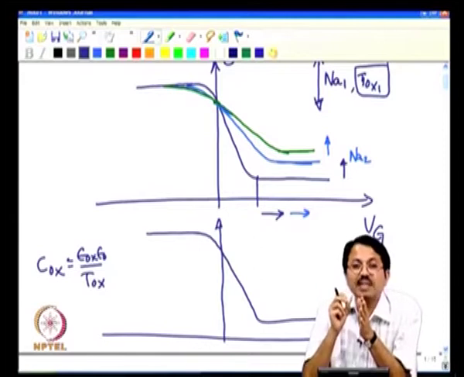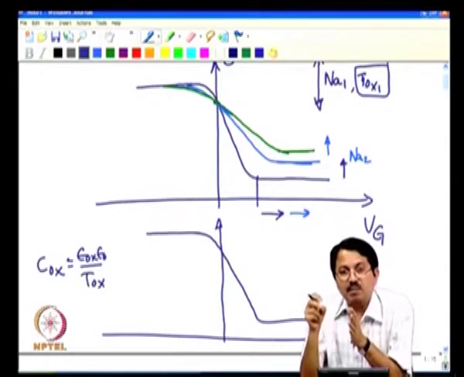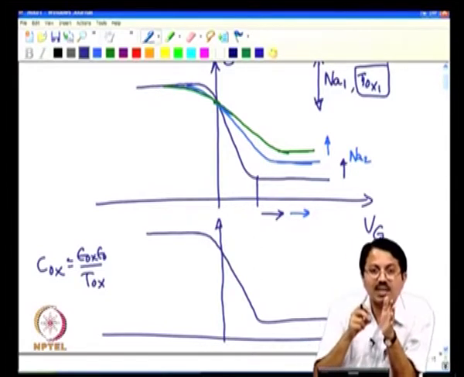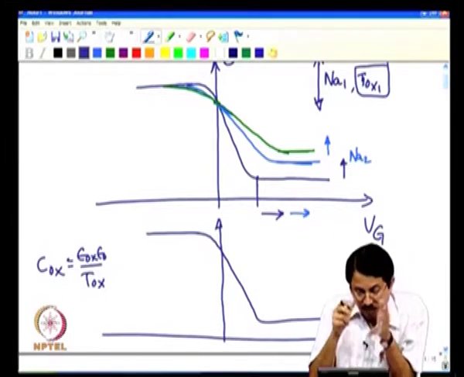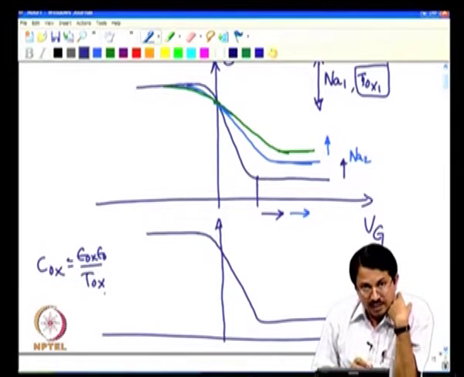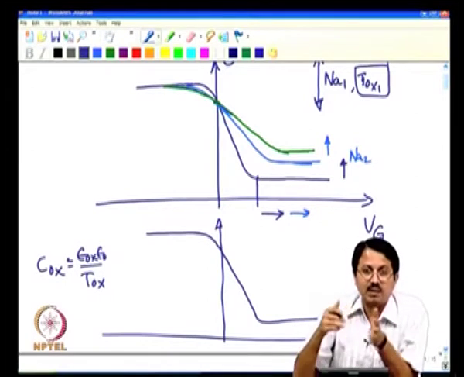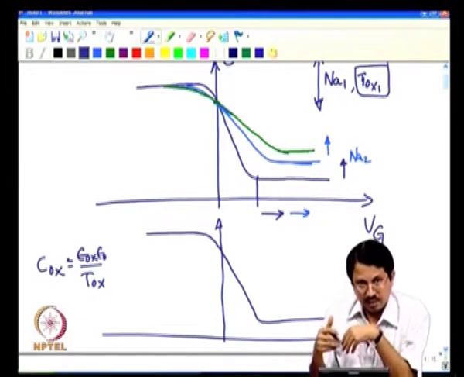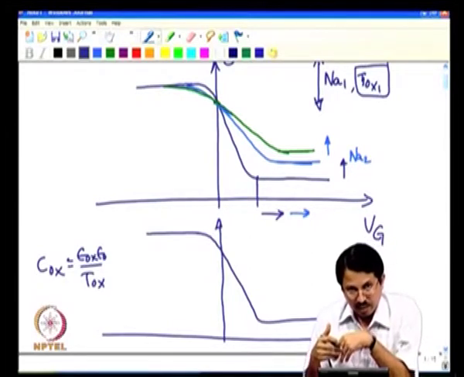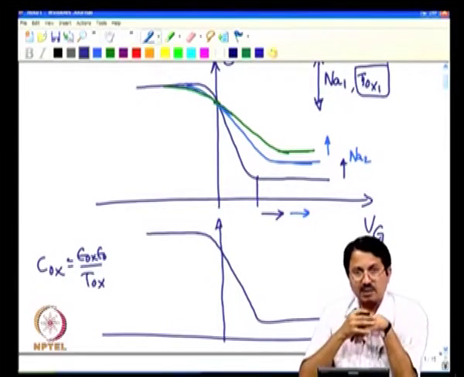But what we measure externally is silicon minimum capacitance in series with oxide capacitance. Because oxide capacitance is decreasing, although silicon minimum capacitance does not change, the equivalent series capacitance will decrease. Because Cox is also changing.